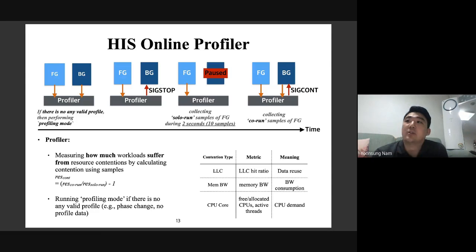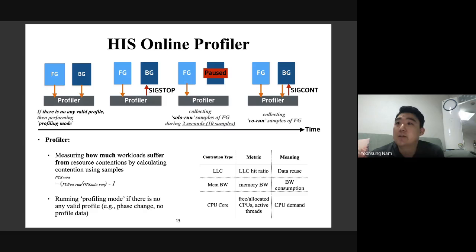To do this, the profiler collects samples of performance counters when the foreground workload runs with other workloads. It first checks for any valid contention information, and if there is no valid profile for the foreground workload, it initiates profiling mode. Here, profiling mode means profiling the solo sample data for the foreground workload.